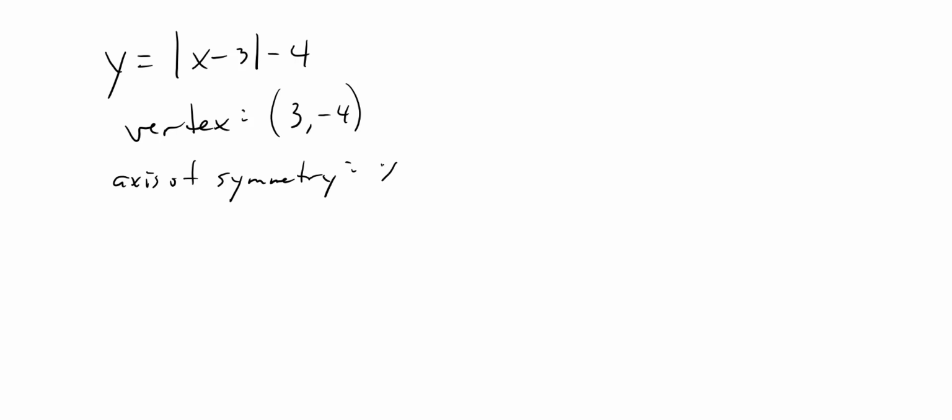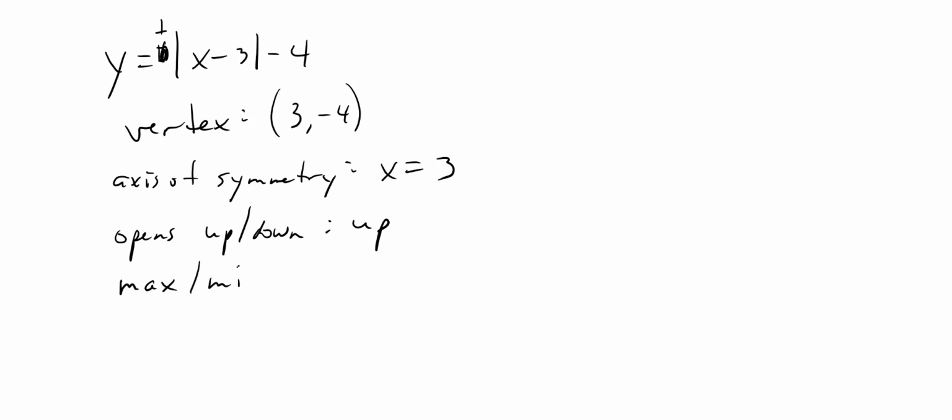Don't forget, x equals 3. Then, does it open up or down? Because this is positive in front of the absolute value, it's going to open up. Is the vertex a maximum or a minimum? If it opens up, just think logically, the vertex is going to be a minimum.